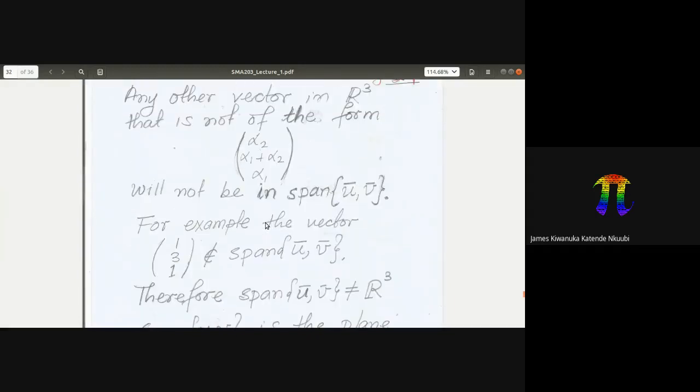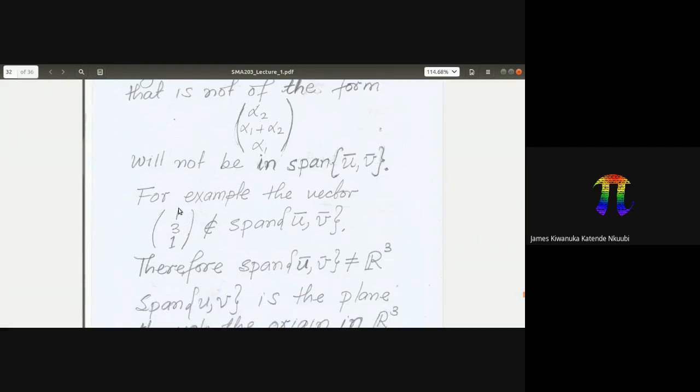What we'll also observe is that if any other vector in R3 cannot be written in this form, where the second slot is the sum of the first and the third, then that vector will not be in the span. For example, this vector 1, 3, 1 will not be in the span of U and V, because if I add 1 plus 1, I get 2, but here the second slot is 3.